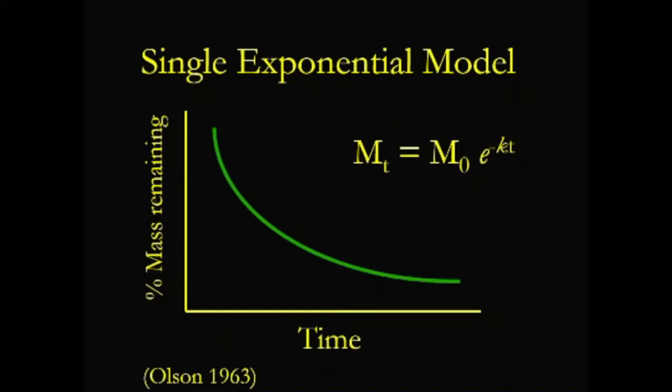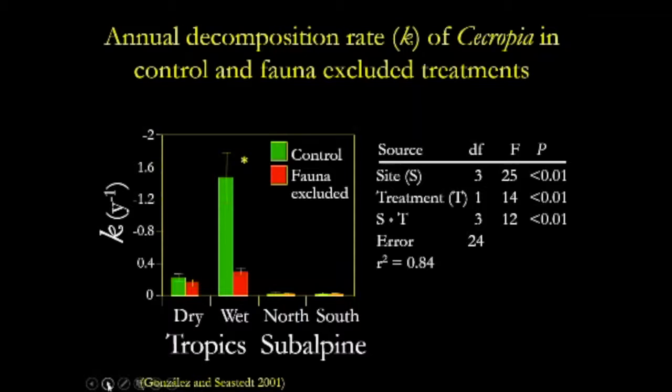The other thing that you can do is look at a linear regression of this relationship, and basically look at the slope of that regression. That will be the K that you see there in the equation. And that is the variable that a lot of studies have related to decomposition to compare. The greater that value, the faster the decomposition rate.